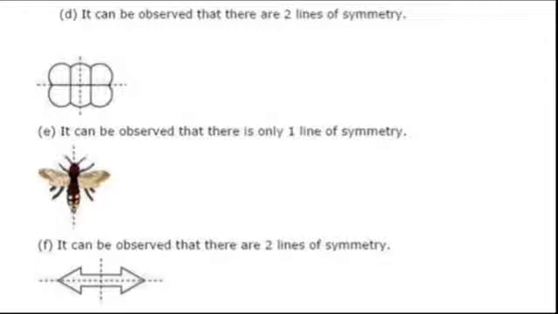As you can see, such figures can be divided into 4 equal parts, and for 4 equal parts what do we need? We need 2 symmetrical lines, one vertical and one horizontal.